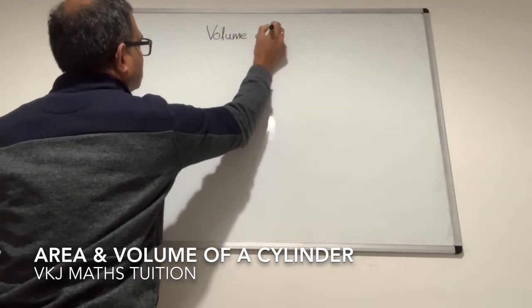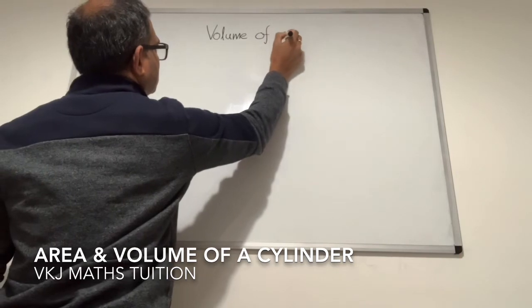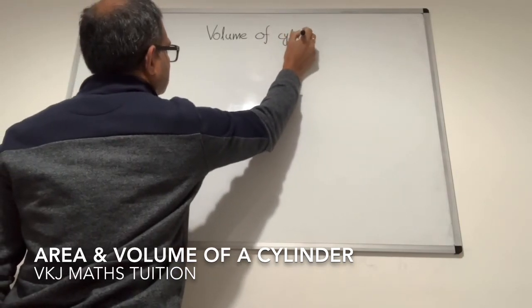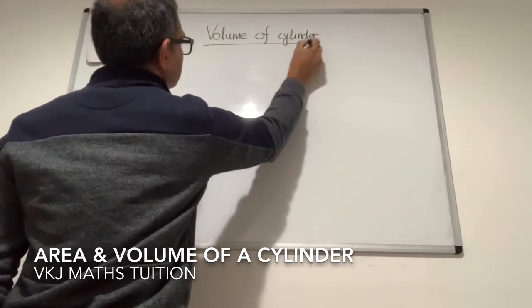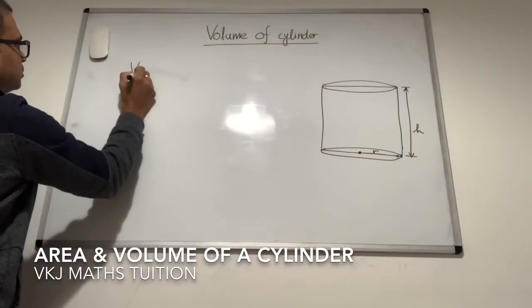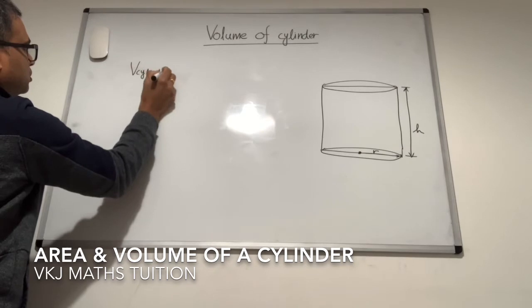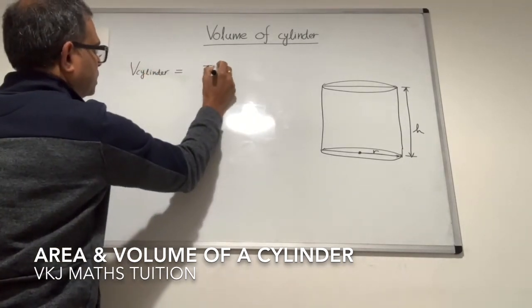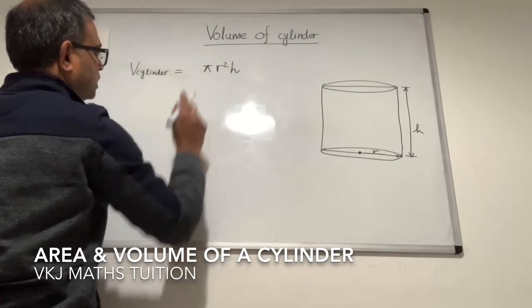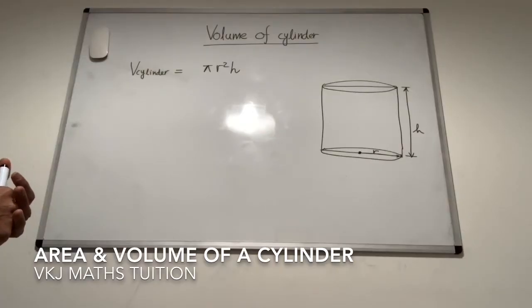Volume of a cylinder: what did you say? Pi times r squared times height. How do we calculate volume? What do we mean by volume?